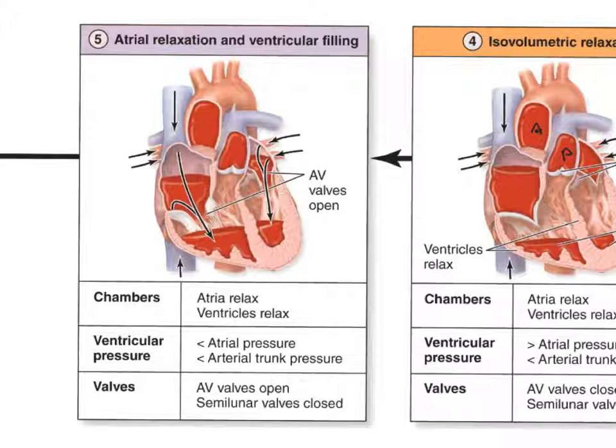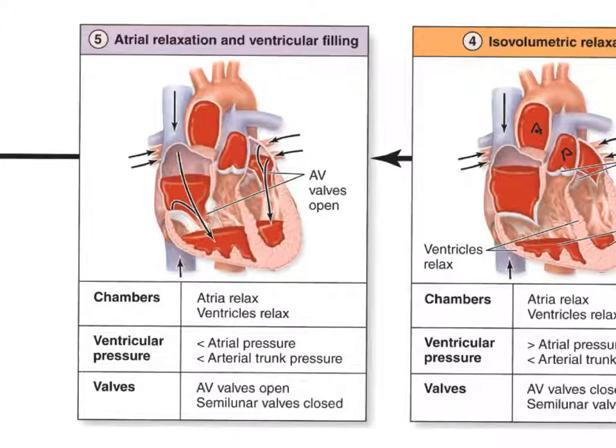It's a sequence. Important. The sequence of electrical stimulus relates to the sequence of mechanical events in order to have the most efficient pump process occurring. So you have the SA node to the AV node, the bundle of His, down the Purkinje fibers. You have atria that are being filled with blood into the ventricles.